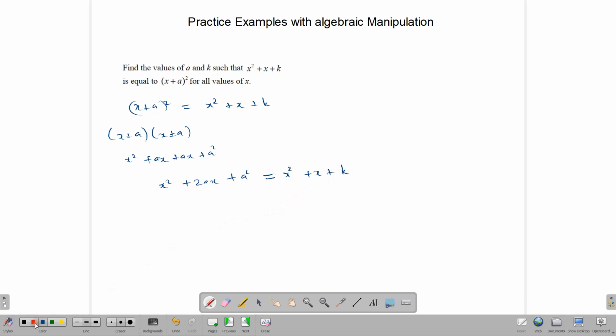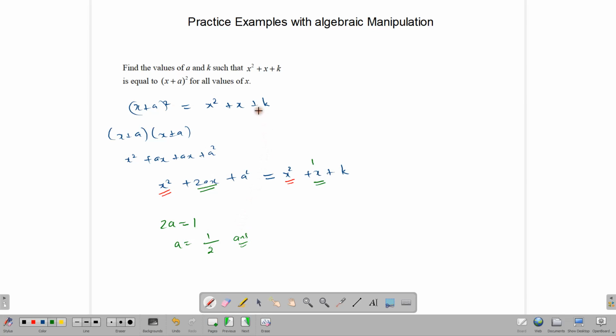Now, what we can see here is that this x squared is equal to that x squared, which is fine. This 2ax is equal to this x, which means that the coefficient of the x here being 1 is equal to the coefficient of the x here being 2a. So we can write 2a equal 1, since both coefficients should be equal to each other. And if 2a is 1, then a is going to be equal to 1 over 2. So we have found that value of a.